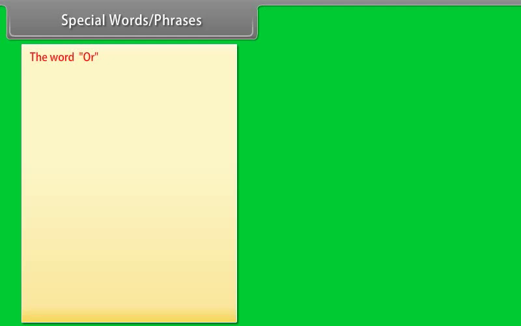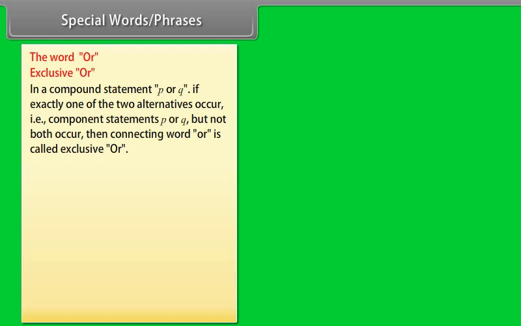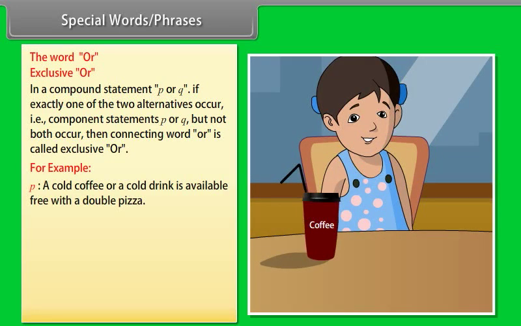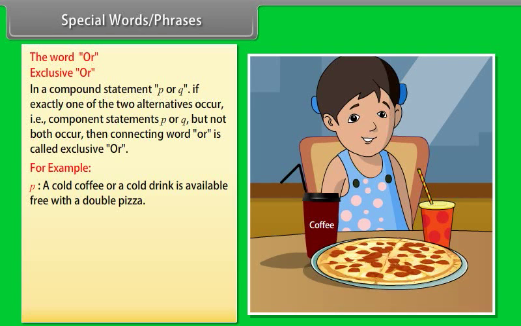The word "or". Exclusive or. In a compound statement P or Q, if exactly one of the two alternatives occurs, that is, component statements P or Q but not both occur, then the connecting word "or" is called exclusive or. For example, P is a statement that a cold coffee or a cold drink is available free with a double pizza.